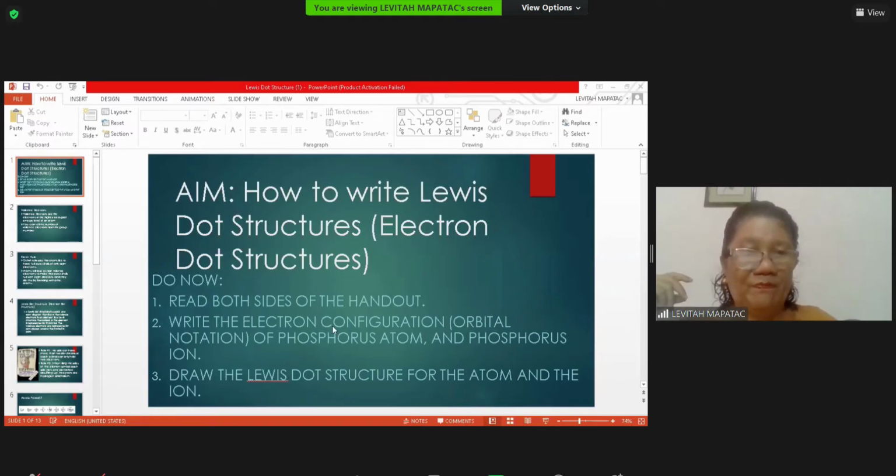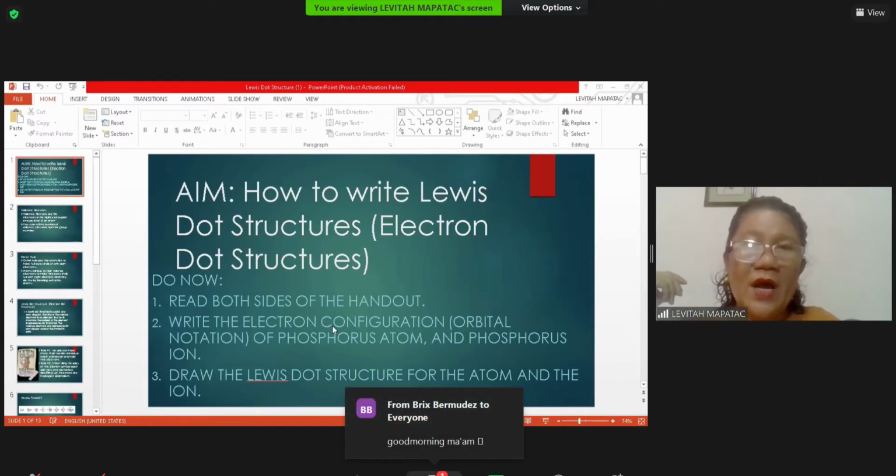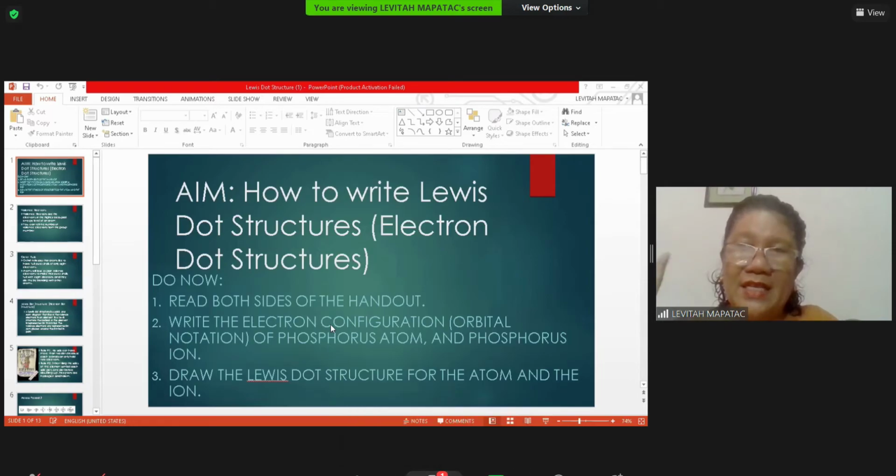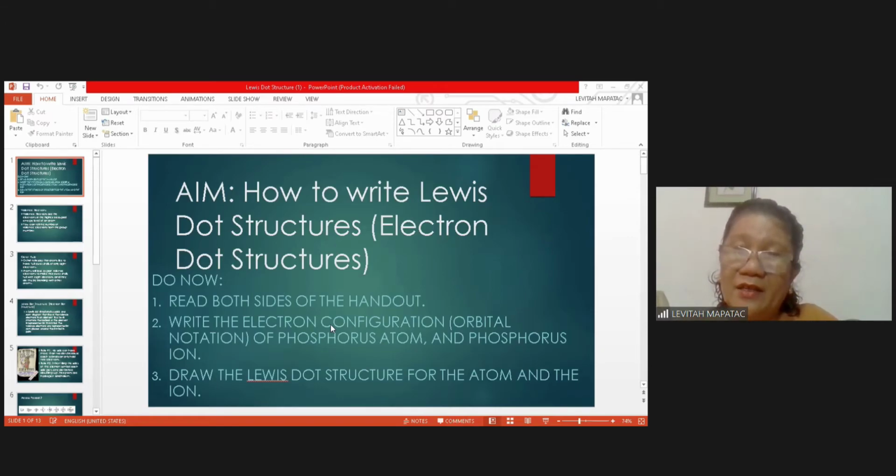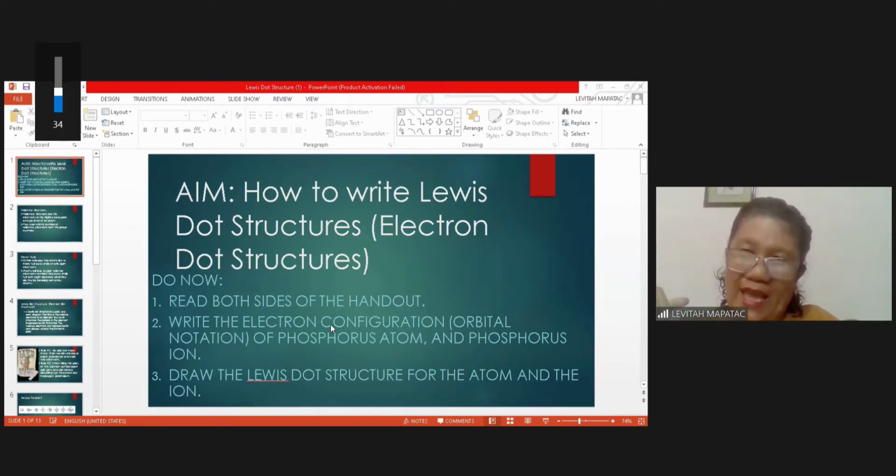Okay, the first one is what is Lewis dot structure. As you have seen already in your periodic table, which we had discussed in our lecture video last time, elements are grouped by group: group 1A, group 2A, group 3A, and so on and so forth.